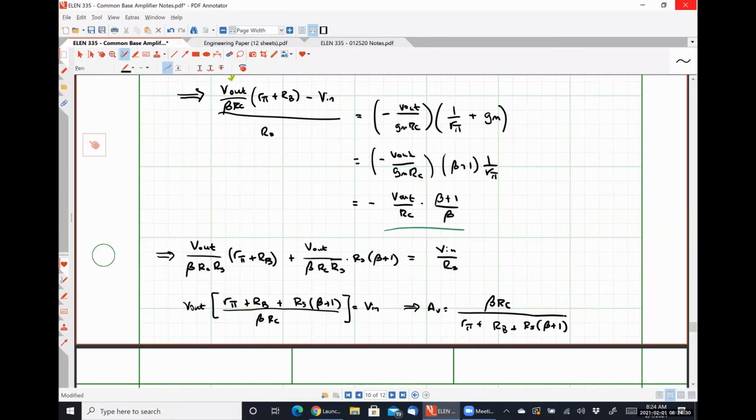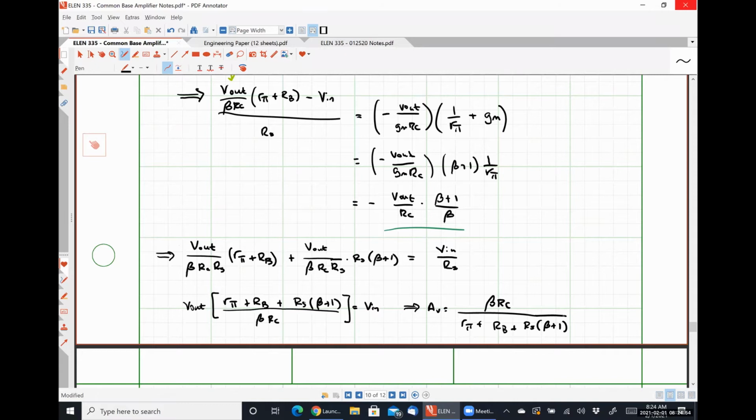From this, we can see that the inclusion of a base resistance and a source resistance kind of serves to lower the overall voltage gain of our system, which brings us to our full bias circuit.